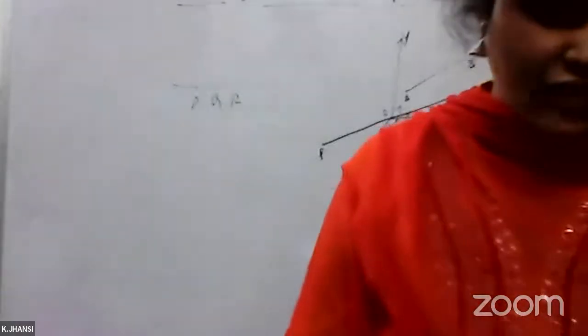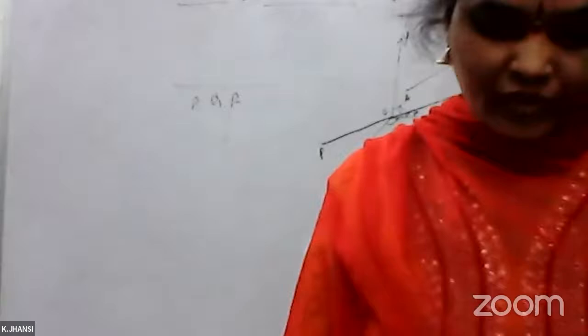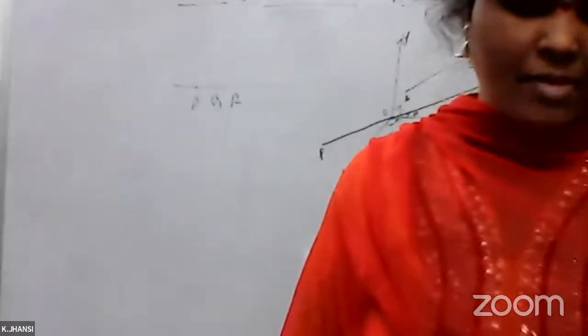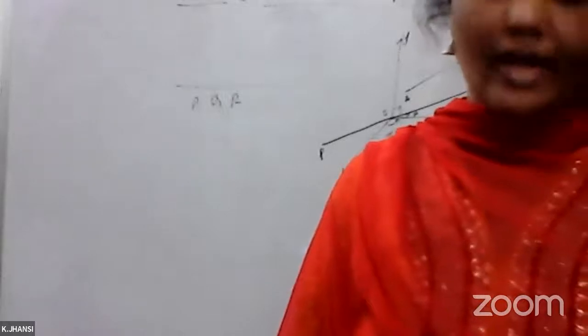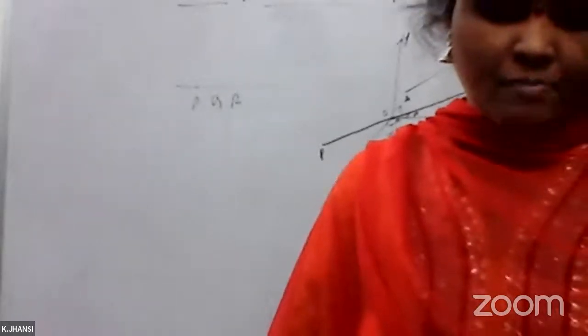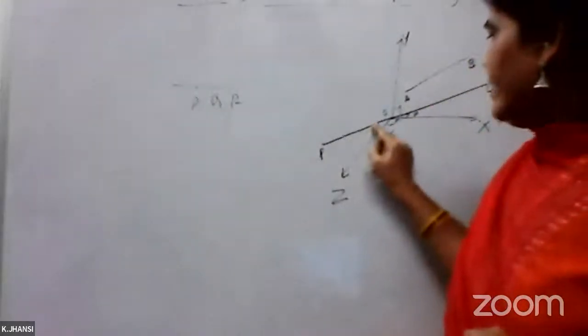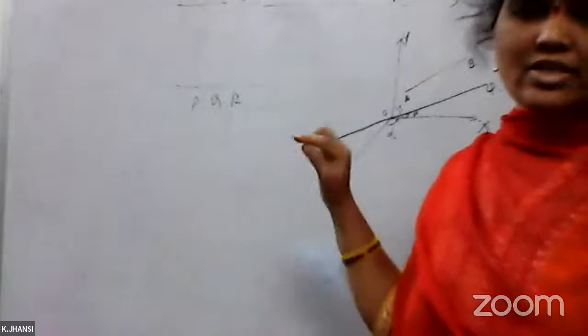If you see the definition, it is 1.6.1, page number 15. If alpha, beta, gamma are the angles that any directed line, say AB here, makes with the positive directions of X, Y, Z, then we get cos alpha, cos beta, cos gamma. Here we take the angle as 180 minus theta.